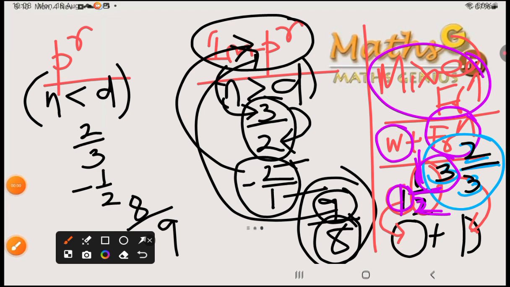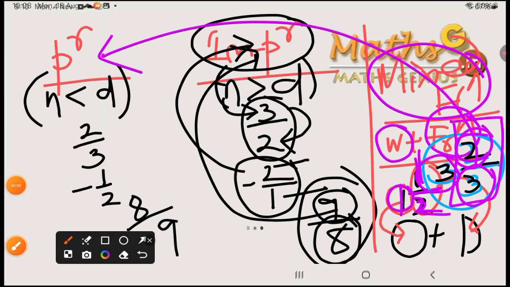What is the numerator part? 2. What is the denominator part? 3. Is the fraction part proper? Yes, because the numerator is lesser than the denominator. Plus with this proper fraction we have a whole number. They are staying together, they are mixed, that is why it is a mixed fraction.